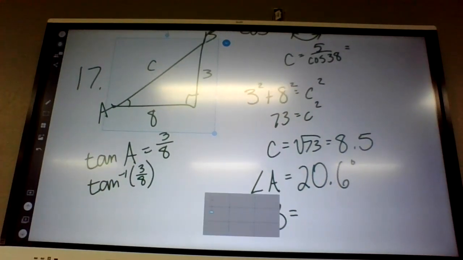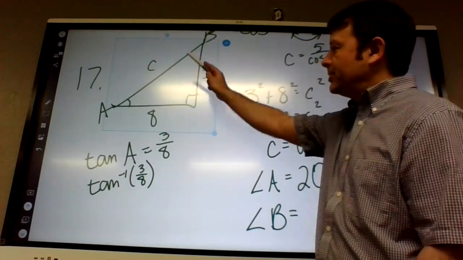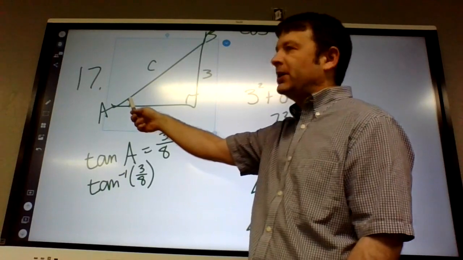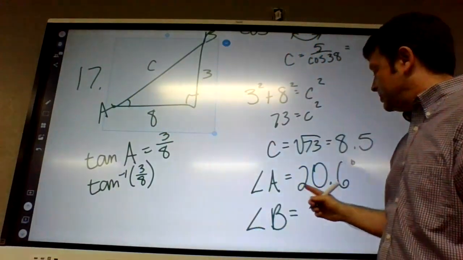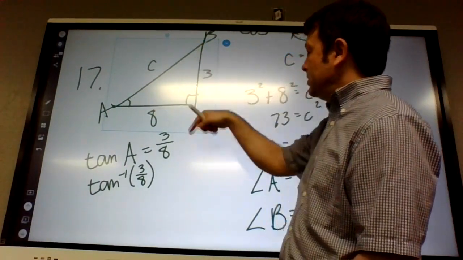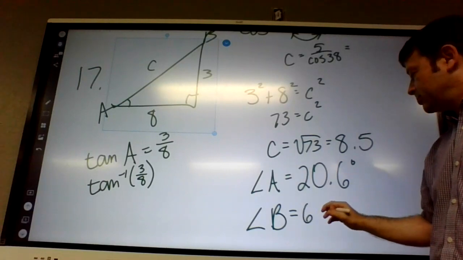Okay. For B, what's the easiest way to do that? You could do like tangent inverse of 8/3, but the easiest way would be 90 minus the answer we just got, right? 90 minus 20.6 would give us the other angle, so that would be 69.4.